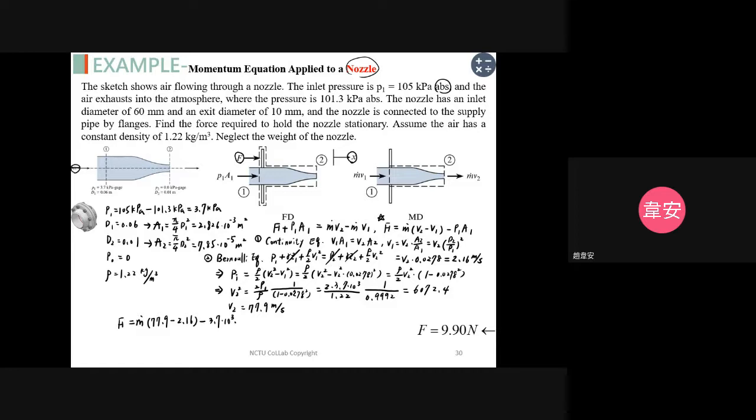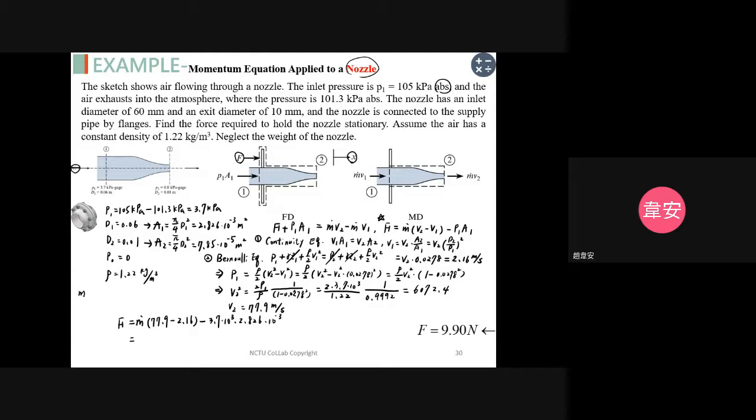The A1 in here is 2.826 multiplied by 10 to the minus 3 power. So the only one unknown parameter in here is the mass rate.